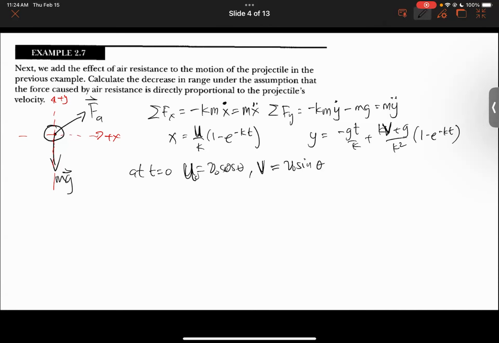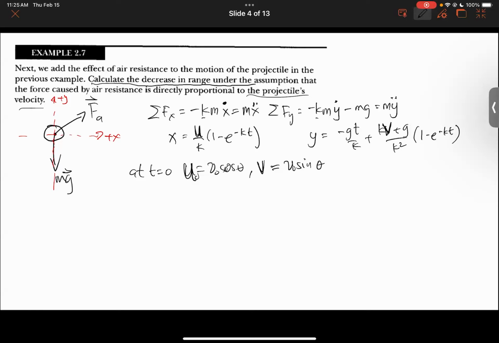So, ano ngayon ang mangyayari dito? Of course, in-expect natin na yung range magdi-decrease, 'di ba? Dahil may air resistance, and yun nga yung pinapa-compute. Calculate the decrease in range under the assumption that the force caused by air resistance is directly proportional to the projectile's velocity. Okay, so yun yung ginawa natin dito.